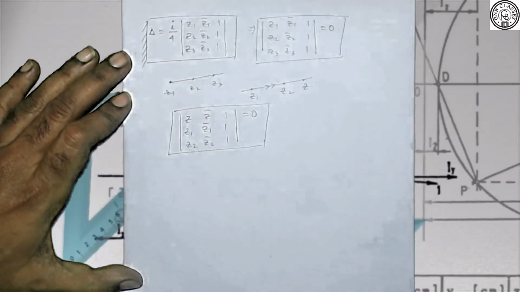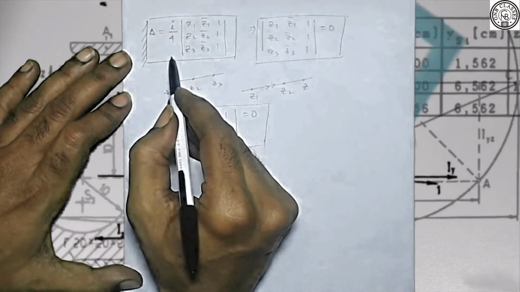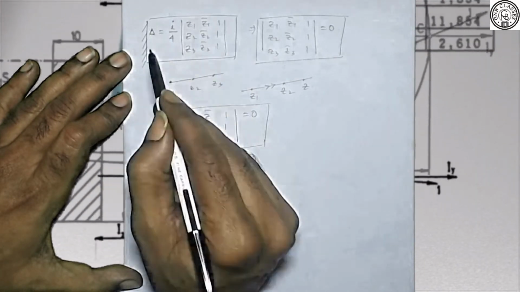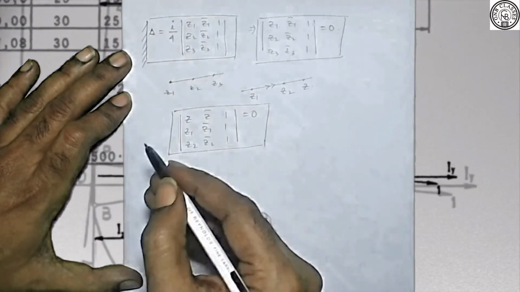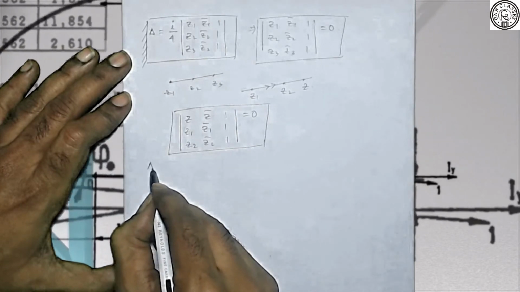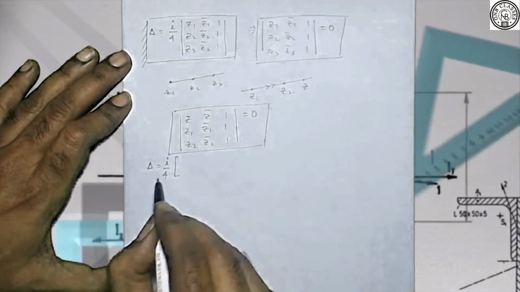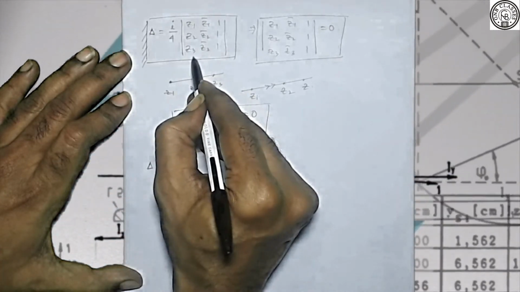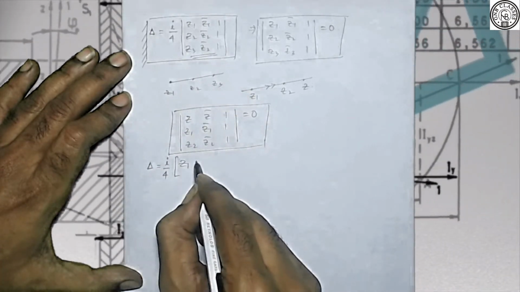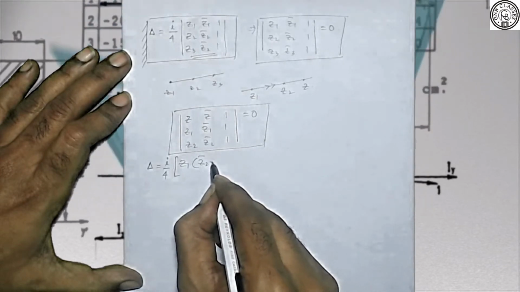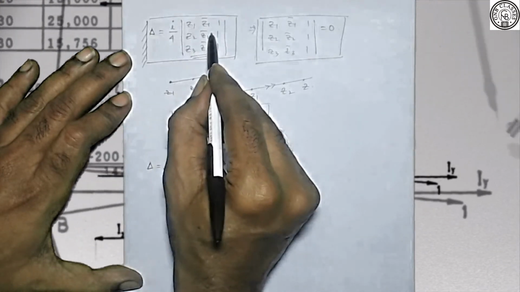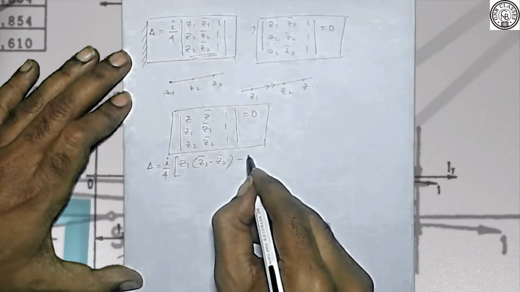Now let me try to simplify this area of the triangle. Let us see whether we can simplify this a little bit. So iota by 4 is there. If I just open this one, I'm simply expanding this determinant with respect to the first row.